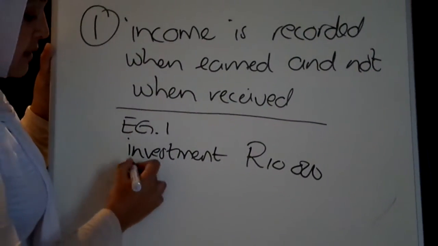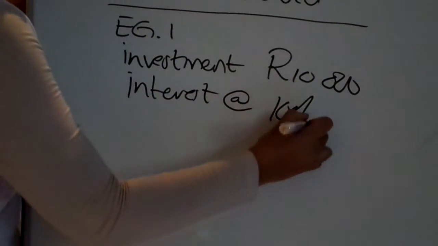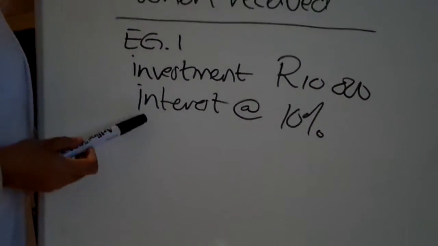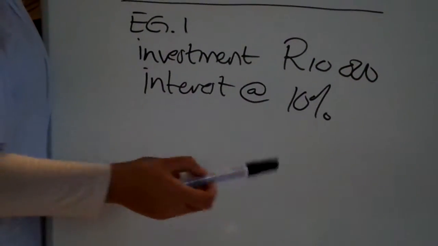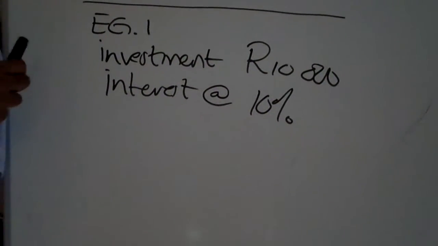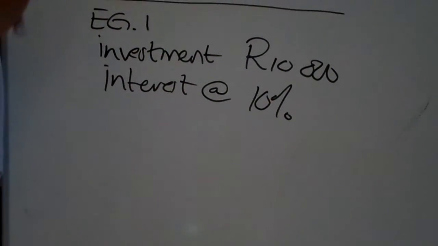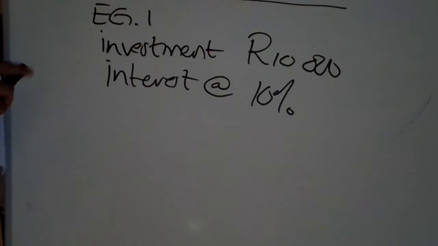You earn interest at 10%. Normally, if your financial period is running from 1 Jan to 31st December, it does not always mean that the interest receipts will go according to your financial year. So your investment might say you're only going to earn interest after every year, but you have to still record that interest on a monthly basis.